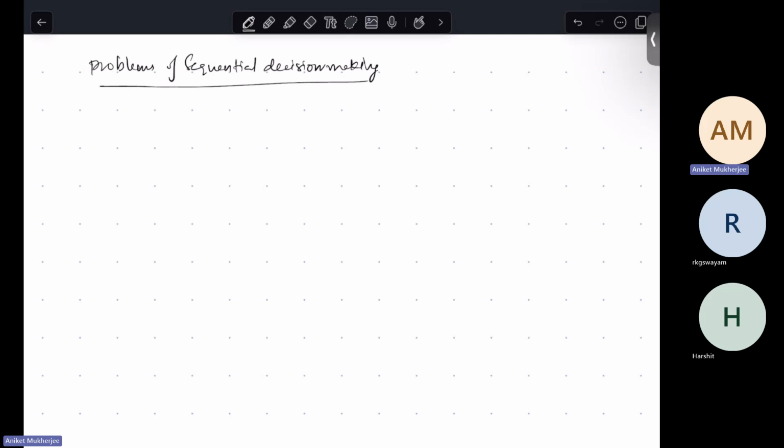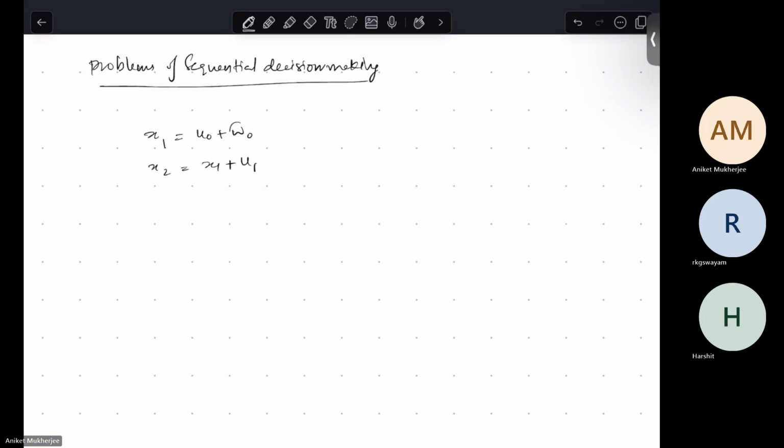It was just a simple two-state scalar problem where you had x1 equal to u0 plus w0 and x2 equal to x1 plus u1.